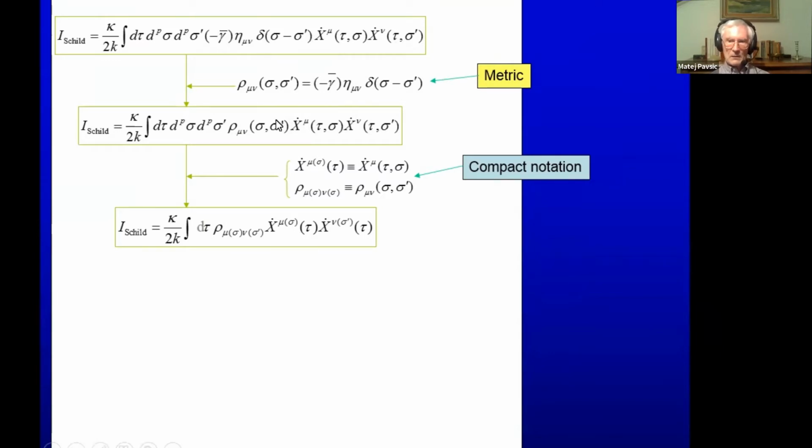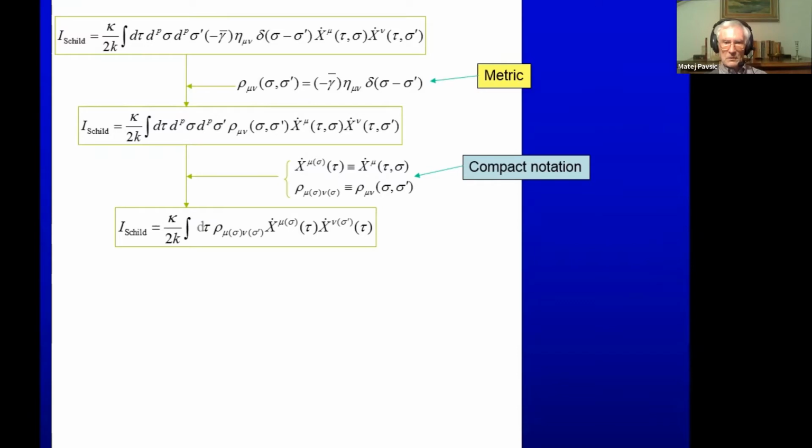Now at this point, it is very convenient to introduce a shorthand notation so that you promote this sigma here as an index. And this x dot of mu sigma is a velocity, where mu is the discrete part of the index, going over discrete embedding spacetime coordinates, and sigma is a continuous index denoting the point on the brane.